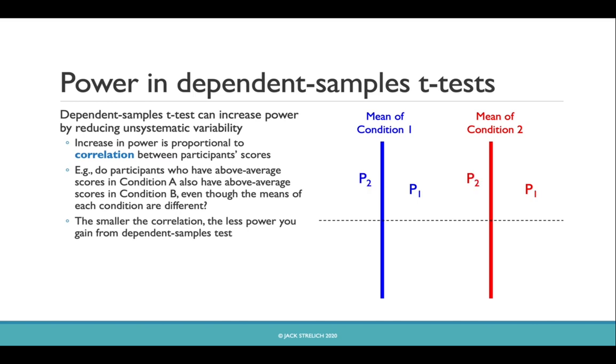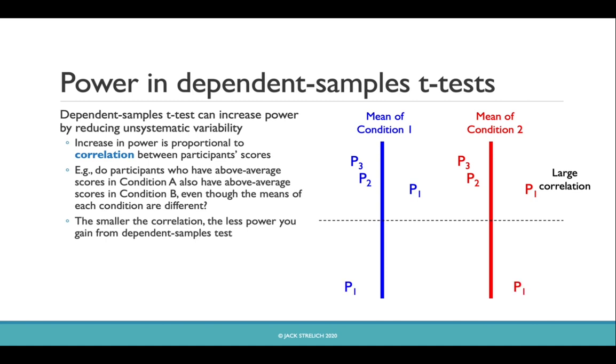Here, same idea. Participant 2's responses were slightly below the average in each condition, and participant 3's responses were a little bit more below the average in each condition. So this would be an example of a situation where we have a high correlation between participants' scores. If a participant is above average in one condition, they're likely to be above average in the other condition. If they're below average in one condition, they're likely to be below average in the other condition.